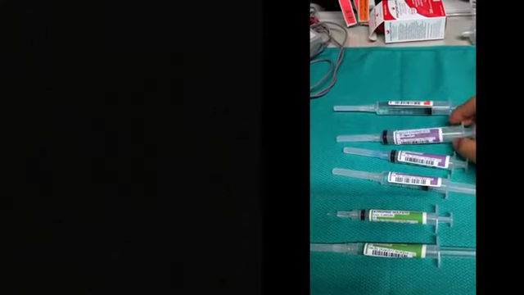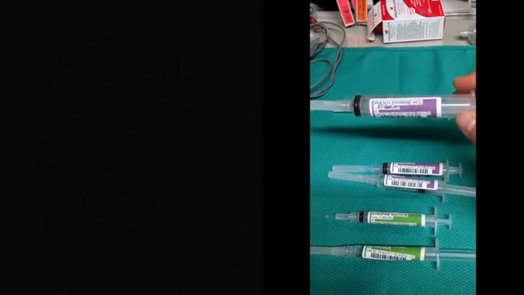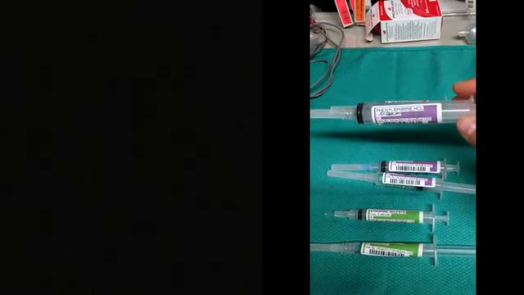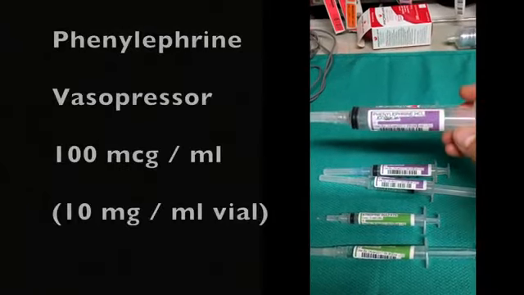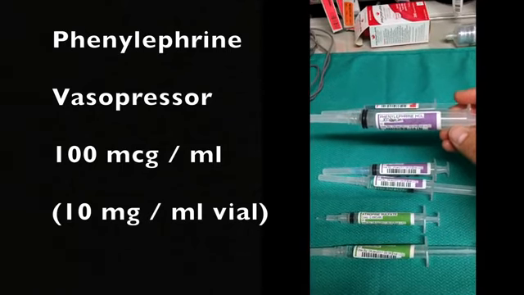Then we have a bunch of pressors, things that we can use for increasing the blood pressure, because usually one of the things we see is hypotension, especially with some of the drugs we give. The patient can have low blood pressure. So phenylephrine is something that's usually used. We want a concentration of 100 mics a ml.